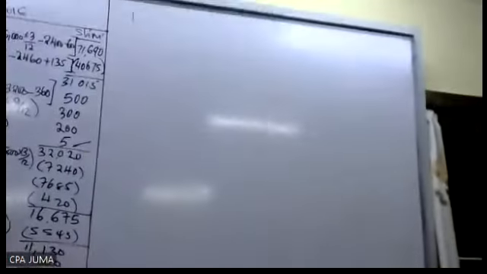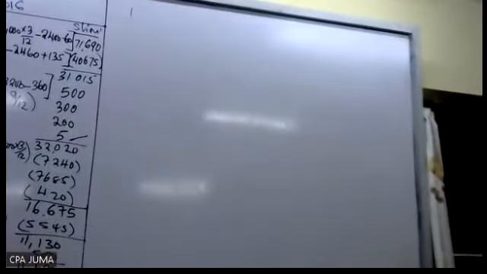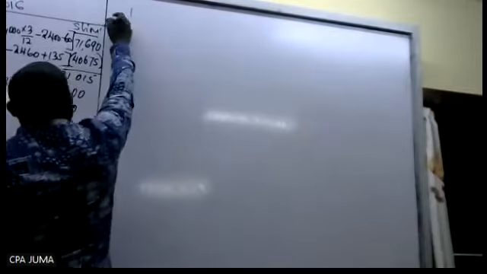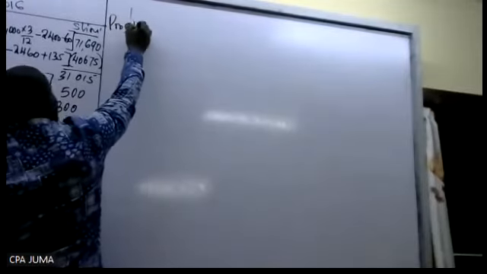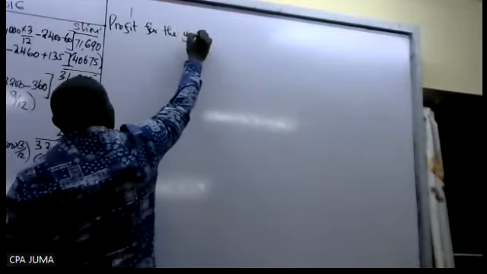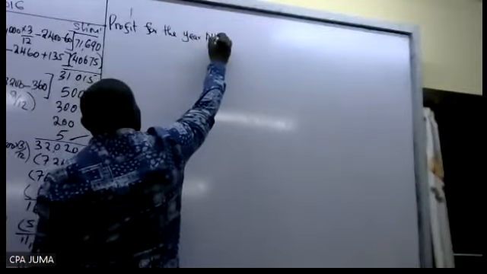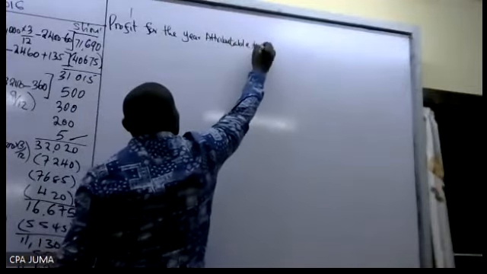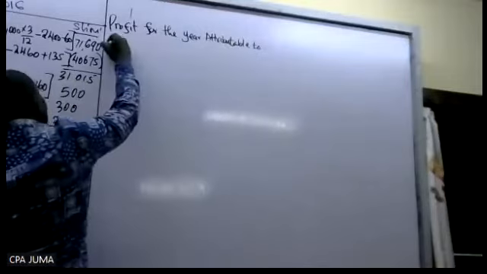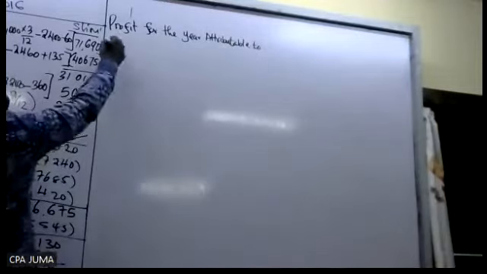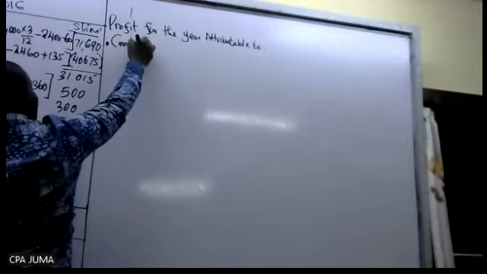So right there, profit attributable, profit for the year actually, because kuna comprehensive profit for the year attributable to full column. Leo wacha we're serious, controlling.